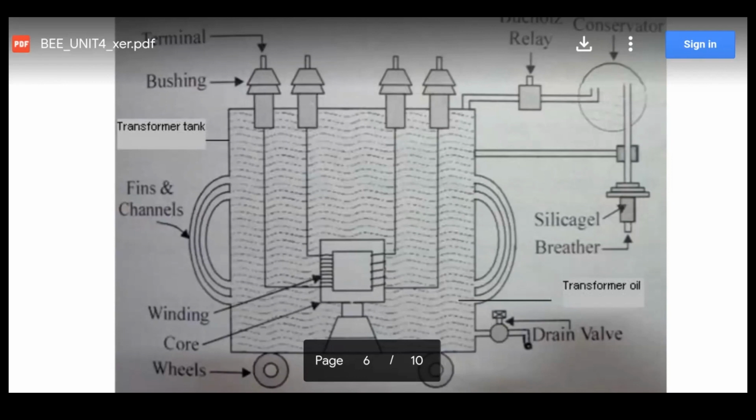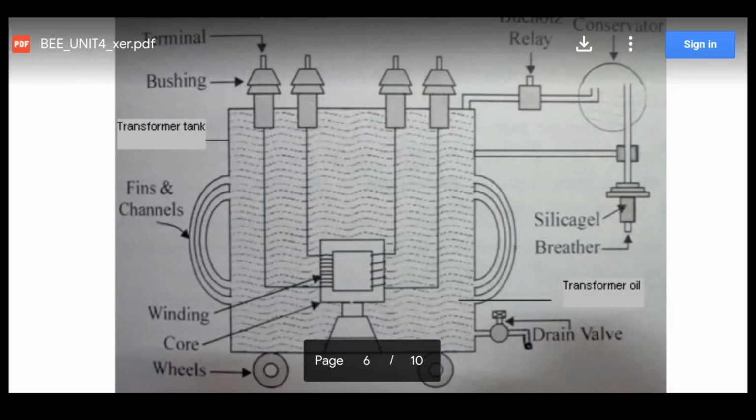Transformer oil has two roles. It should be filled up to its maximum, not half filled, so that it covers each and every part within the transformer tank.